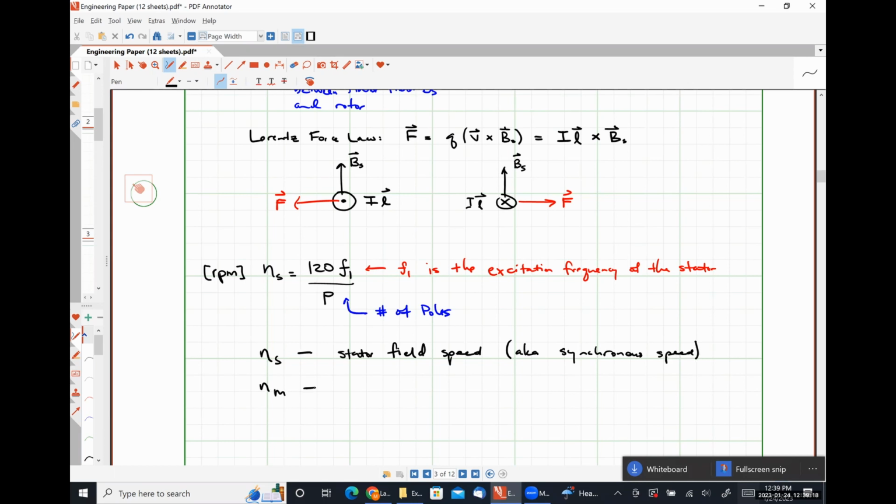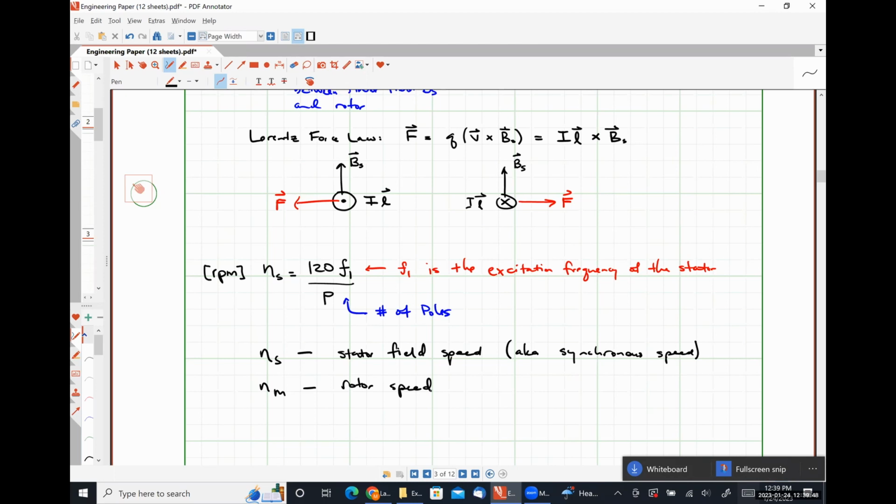And NM is our rotor speed, measured in revolutions per minute as well. So what would happen if NM were exactly equal to NS, meaning that our rotor spun at the exact same speed as our stator field?